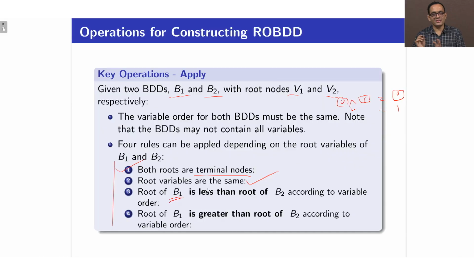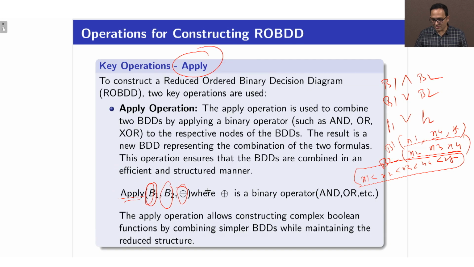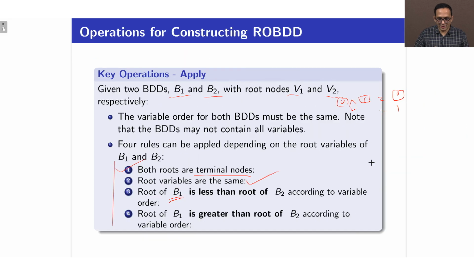Now, I have two BDDs and they have the same root node. So, this BDD also starts with x1, and this BDD also starts with x1. That is a good case, right. So, if you have two BDDs with the same root node, the first-level node, then what will you do, right. This is case 2. Or it can happen that this BDD's root node is less than the other's root in the variable order. Take the example of x1 to x5 that I talked about in the previous slide: BDD B1 starts with x1 and BDD B2 starts with x3.